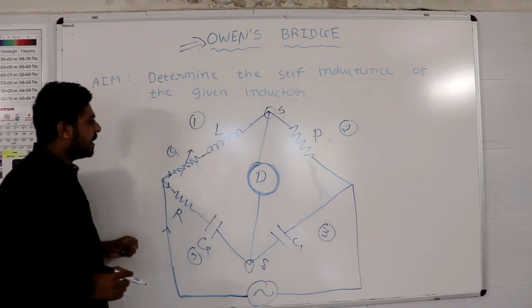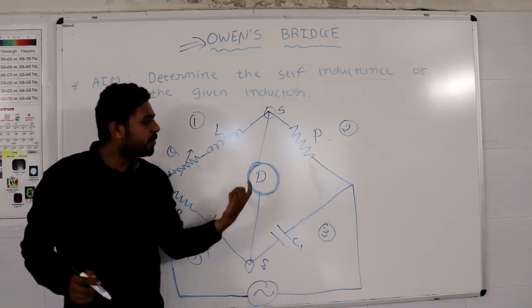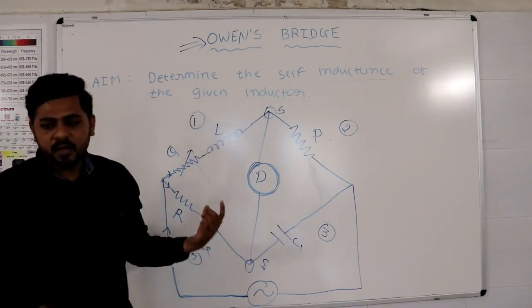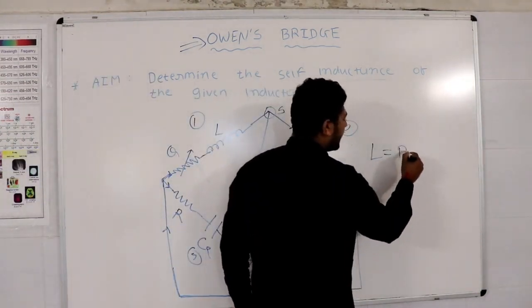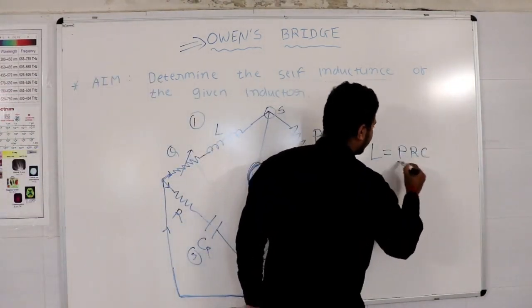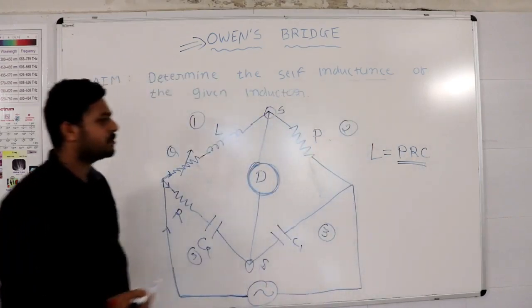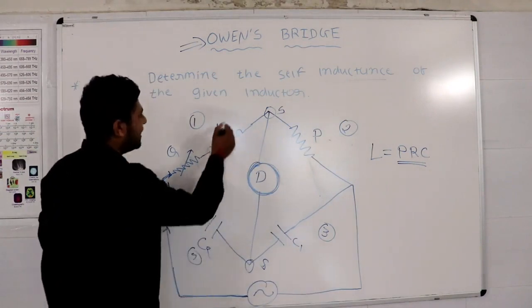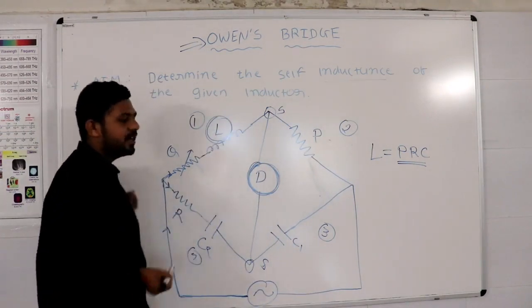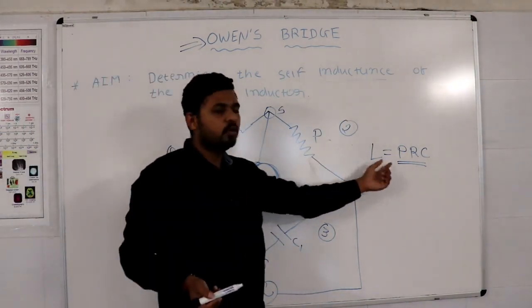So for that, I have derived an equation for the balance condition. The equation is L equals PRC. Here L is the value of inductance that I want to find.